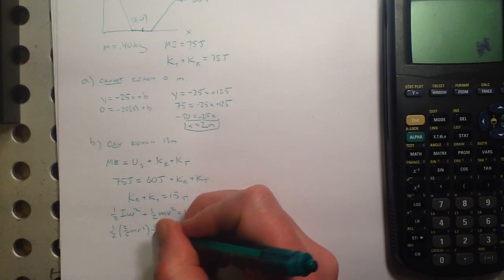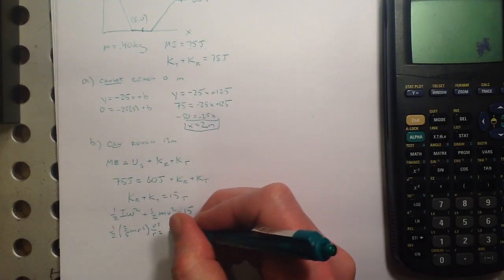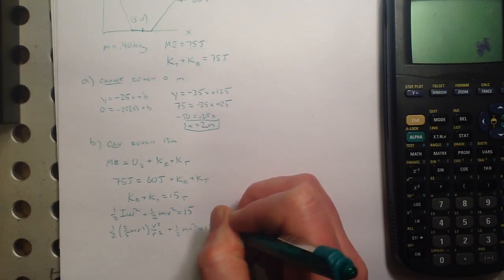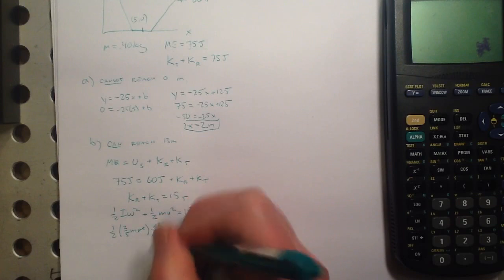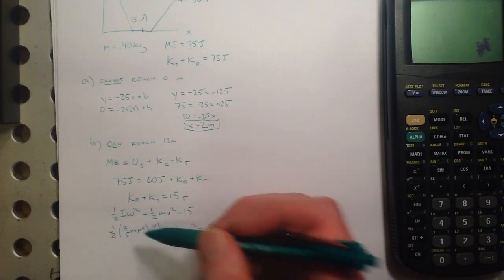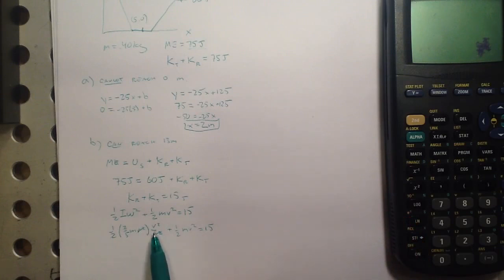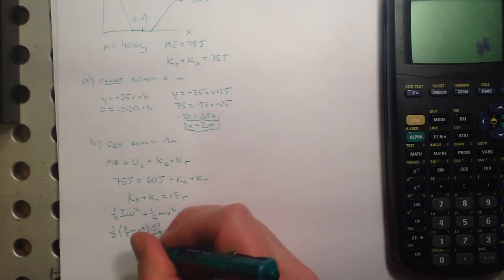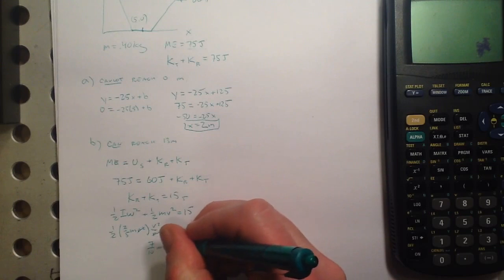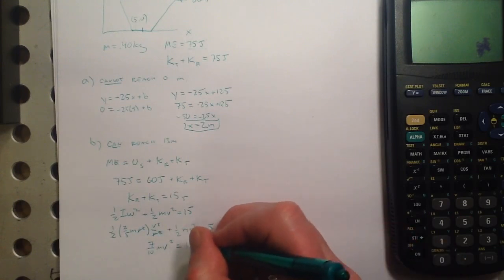Omega is v over r, so that's v squared over r squared, plus 1/2 m v squared equals 15. Those r squareds cancel out, the 2's cancel out, so I get 1/5 m v squared plus 1/2 m v squared. 1/5 is 2/10, and 5/10, so 7/10 m v squared is equal to 15.